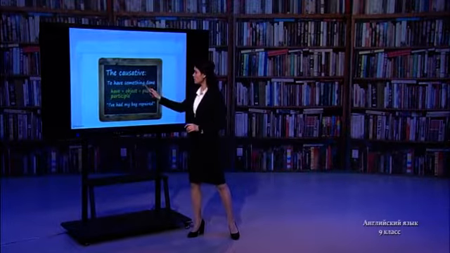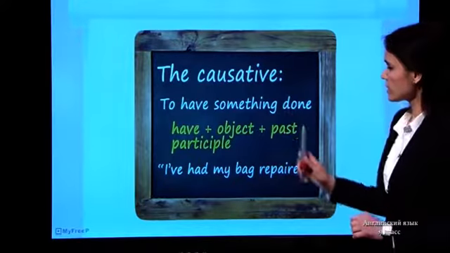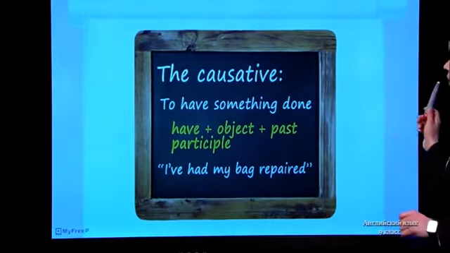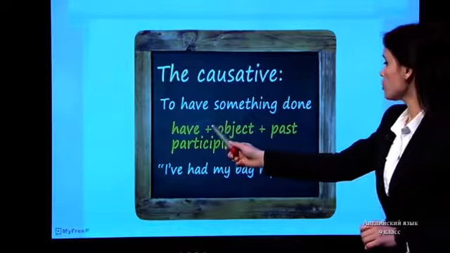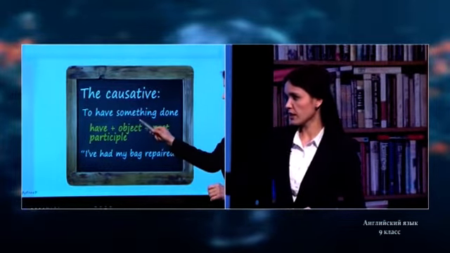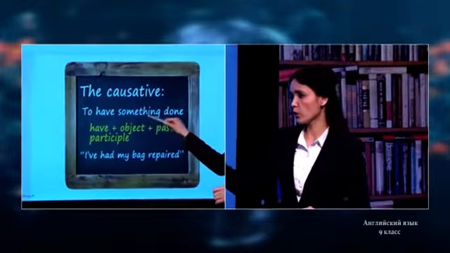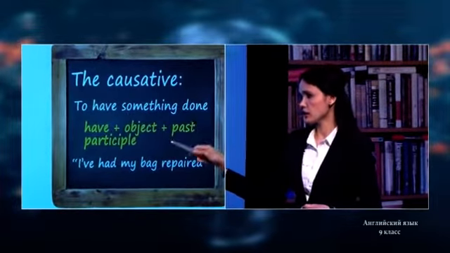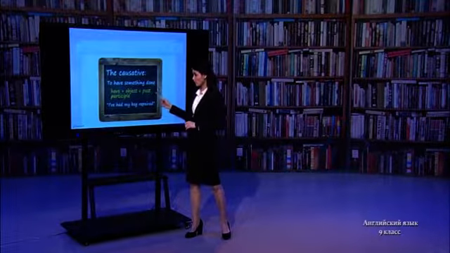For example, we can say to have something done. Let's take a look at this formula, the structure. The structure gives you the verb have plus object, that means the object you are going to describe, plus the past participle, the third form of the verb.